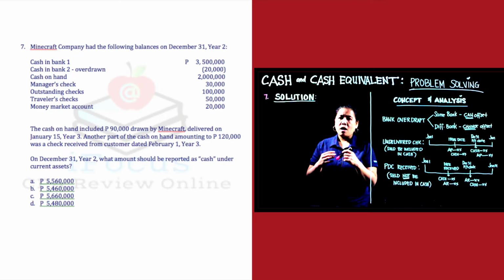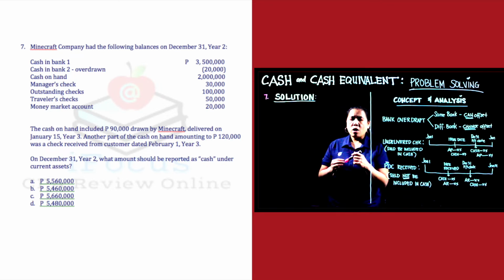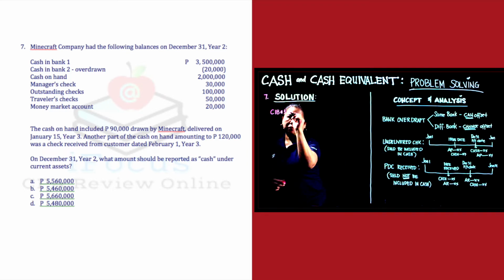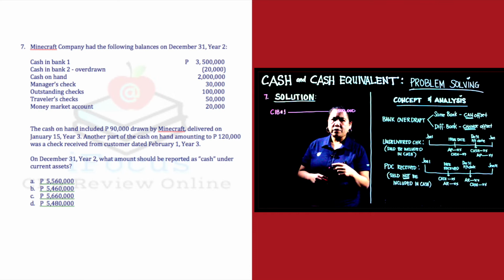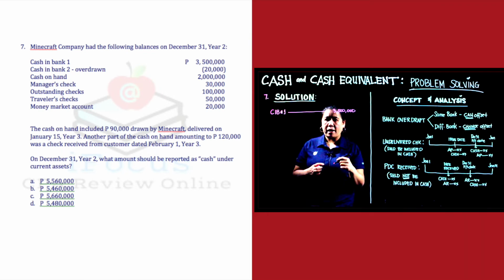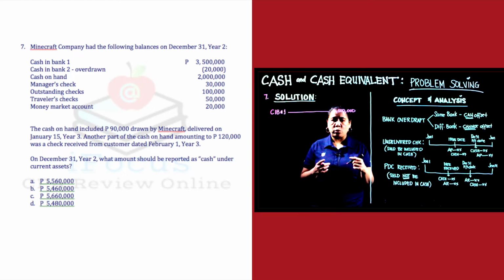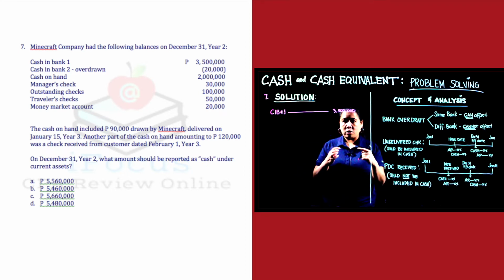Cash in bank, number 1, amounting to 3,500,000. Siyempre, kasama yan sa total cash natin. Alright, another item is cash in bank number 2. Cash in bank number 2 amounting to 20,000, which is an overdraft.